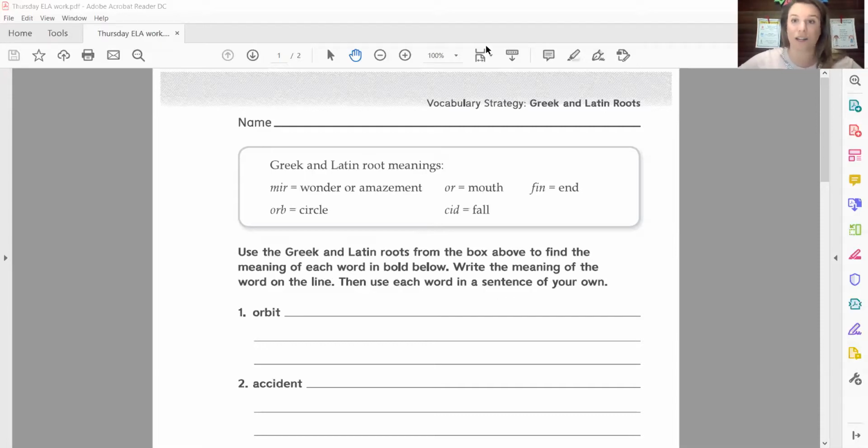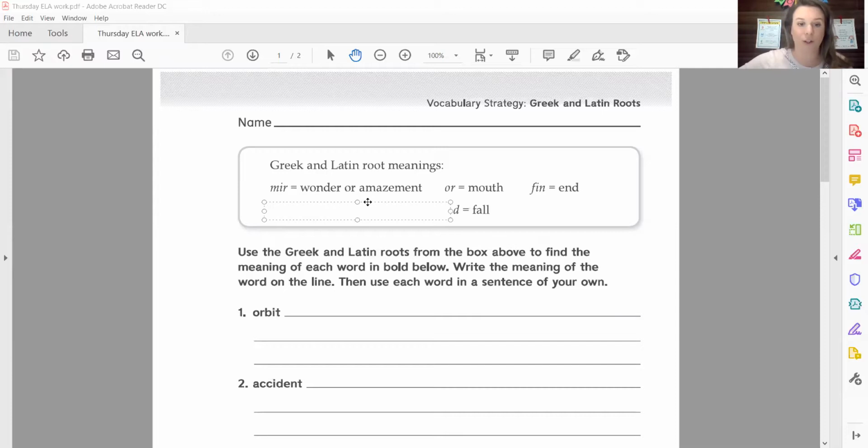Okay, so there's a lot to do here today, so I'm just going to use my typing feature. All right, orbit. If you went back into the text to find orbit, I will read it to you. It said, he was the first American to orbit Earth. So orbit means to go around because orb means circle.